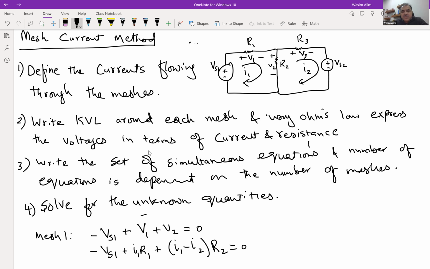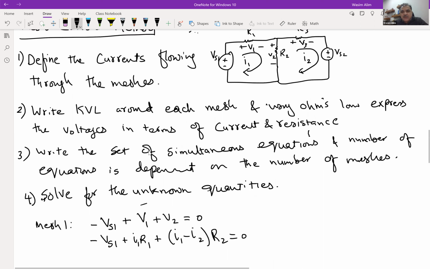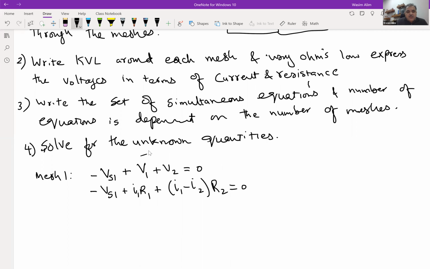Okay, and then you can combine the like terms.